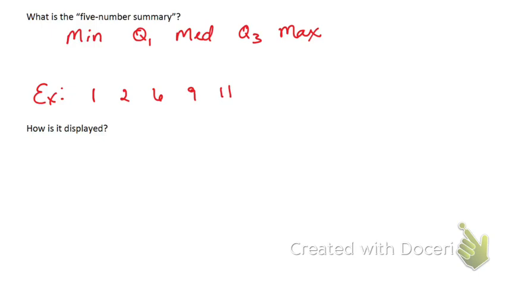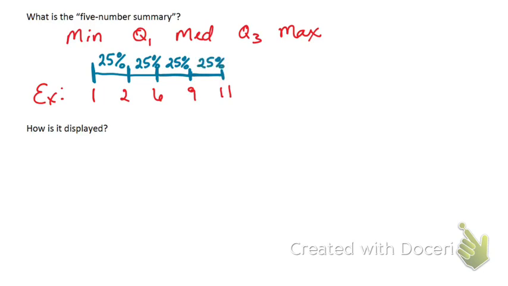I have a question for you. What percent of the data is between 1 and 2? 25%. What percent of the data is from 2 to 6? 25%. What percent of the data is between 6 and 9? 25%. What percent of the data is from 9 to 11?